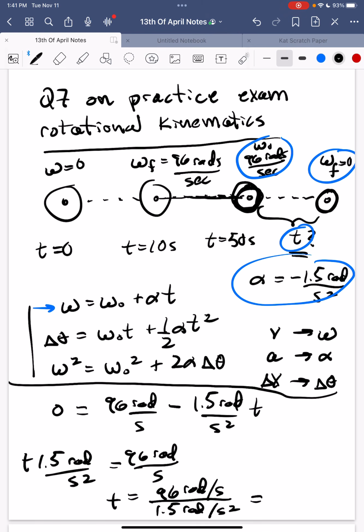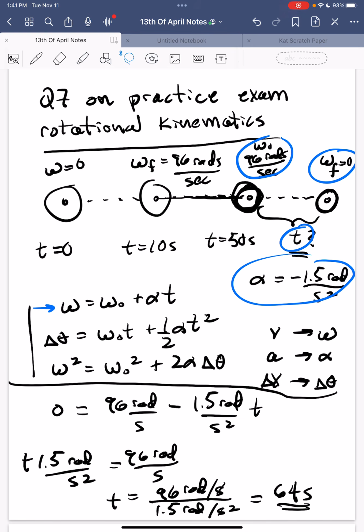If I plug in 96 and divide it by 1.5, I get 64. And seconds cancels with a second, so now I have a second downstairs, but because I'm dividing by it in the denominator, it's actually coming up top. So it ends up being 64 seconds as the answer. That's the time it takes for the grinding wheel to slow down from 96 radians per second all the way to 0 radians per second, given that we know the angular acceleration.